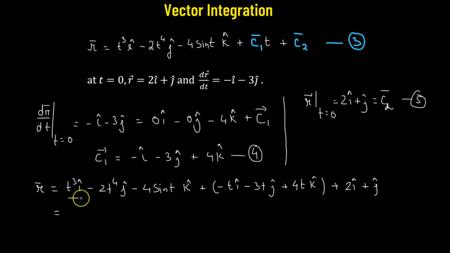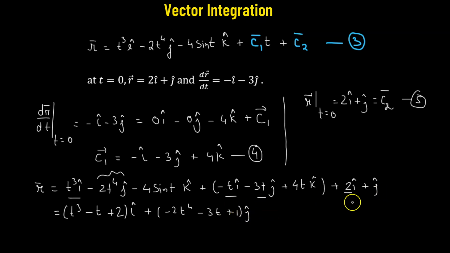The components of i cap are t cubed, negative t, plus 2. The components of j cap are negative 2 times t raised to the power of 4, negative 3t, and positive 1.